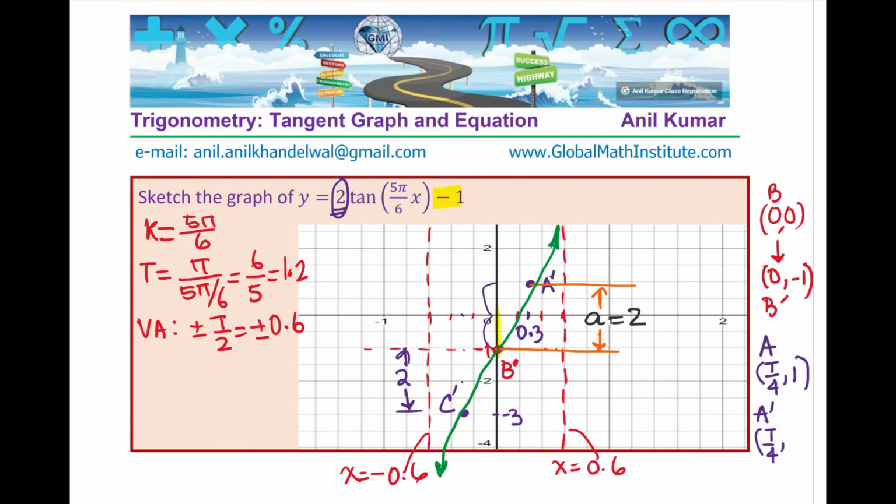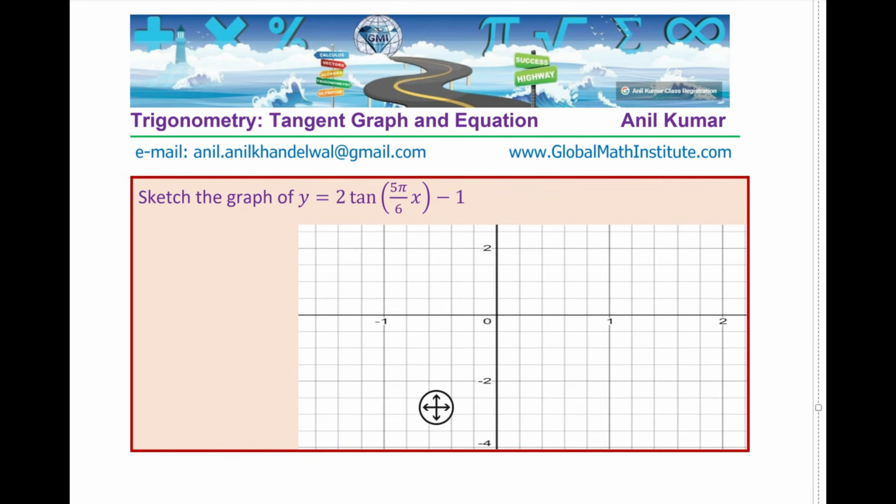So let me do this once again on a new graph paper. So step number 1 is basically to find the time period, which you calculate from k. K is 5 pi by 6. Time period will be pi over k value of 5 pi by 6, and that gives you 6 by 5.